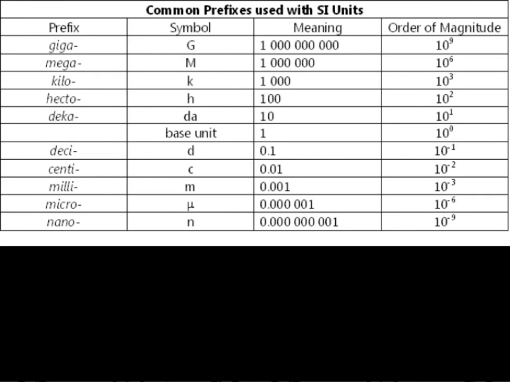Now you might be looking at this chart going, what are you doing, Mr. Flugum? Are you insane? Do I need to write this whole thing down? The answer to that is no, you don't. But you need to focus on some particularly important things. Okay? For example, you need to know this, that kilo means 1,000, and its order of magnitude is 10 to the third, right? Okay?